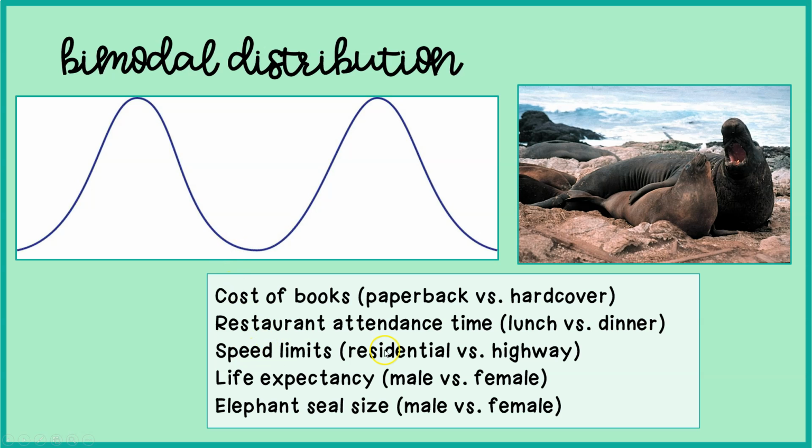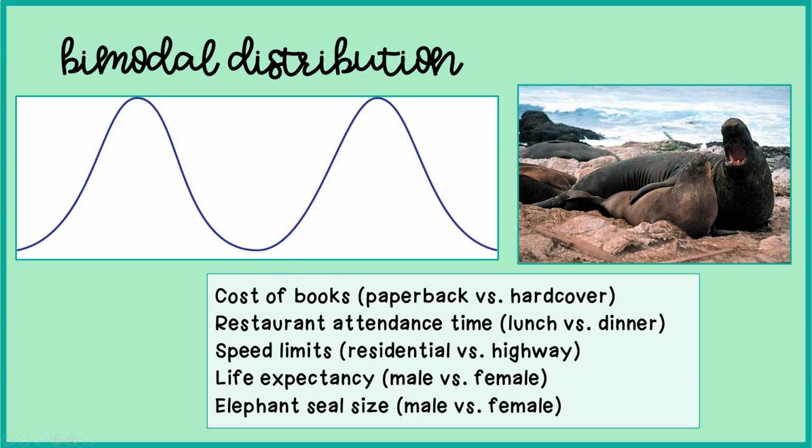Same thing with speed limits, residential versus highway, life expectancy, and then I have some elephant seals here. If I'm trying to tell the average size of an elephant seal, and I'm just averaging all of the sizes of every seal, regardless of whether it's a male or a female, then what I'm coming up with is a number that doesn't describe any seals.